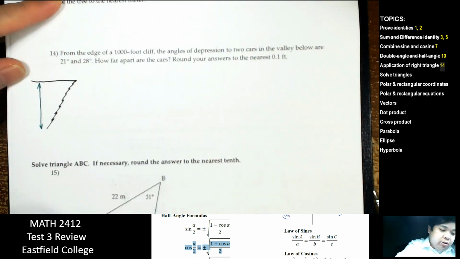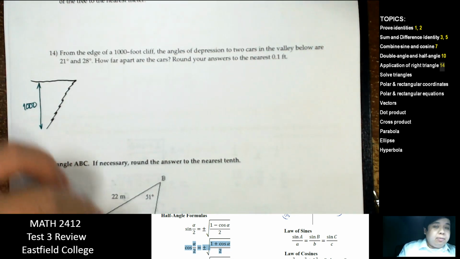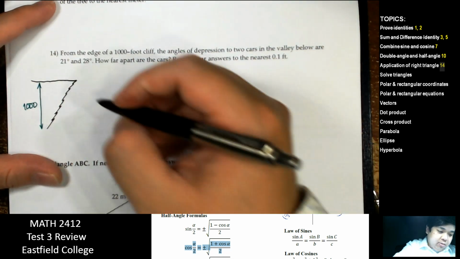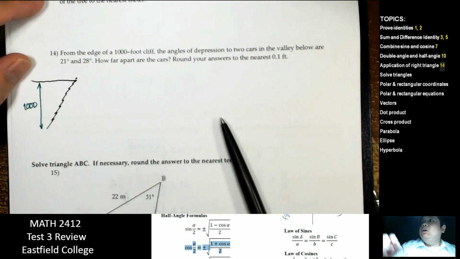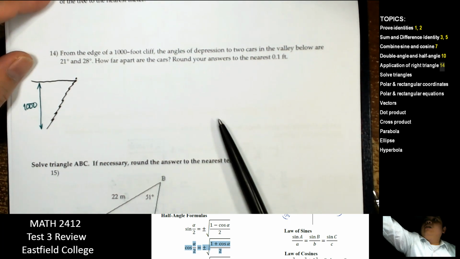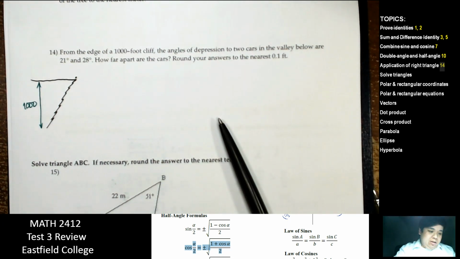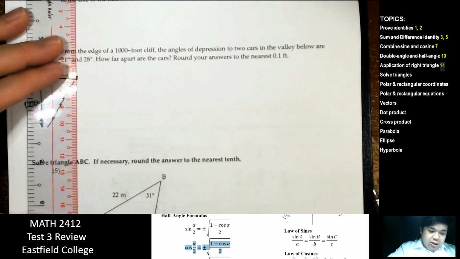So we have a 1,000-foot cliff, and from the edge of that we'll see 2 cars below.